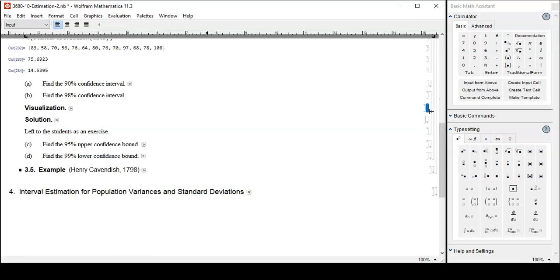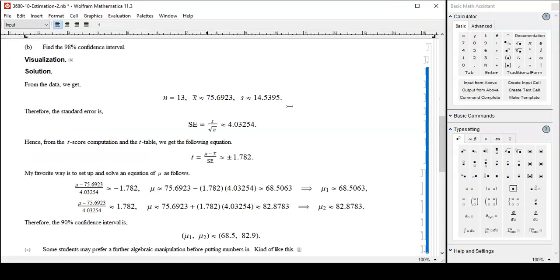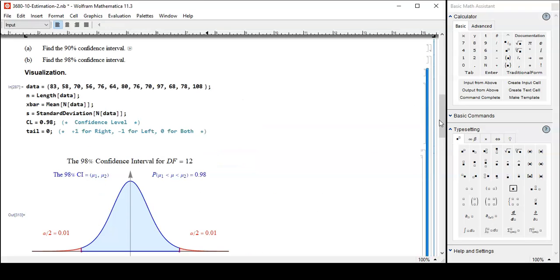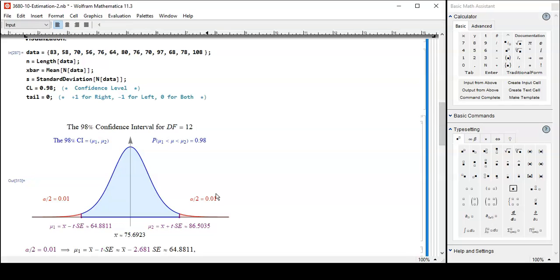And then as for your solution, well, let's see. Same sample statistics, same standard error, S over square root of n. And then x-bar minus center over SE is your t-score, but that should be associated to not 5%, but 1%. All right? 98% in the middle, so 1% to the left, 1% to the right.